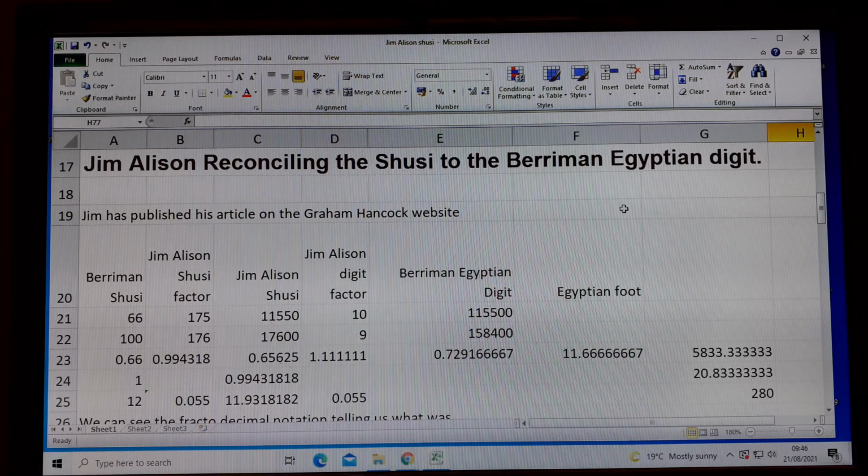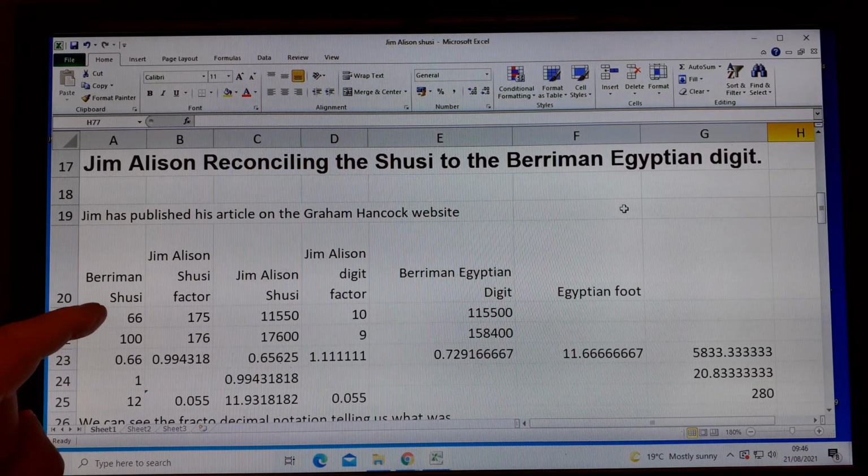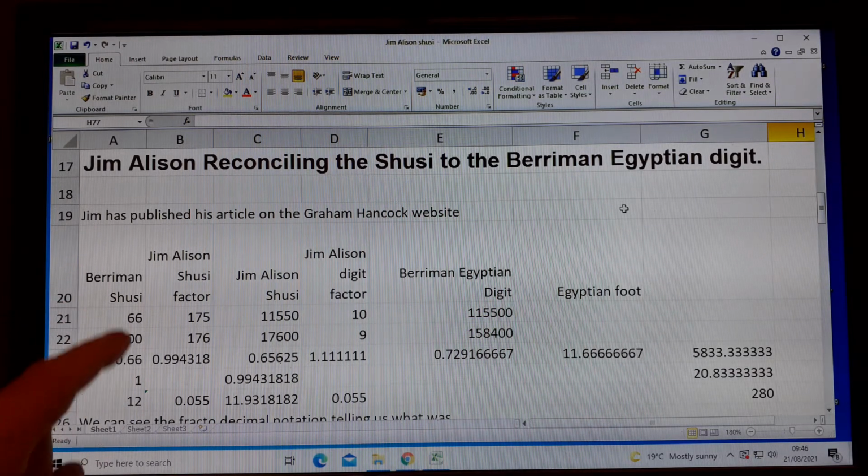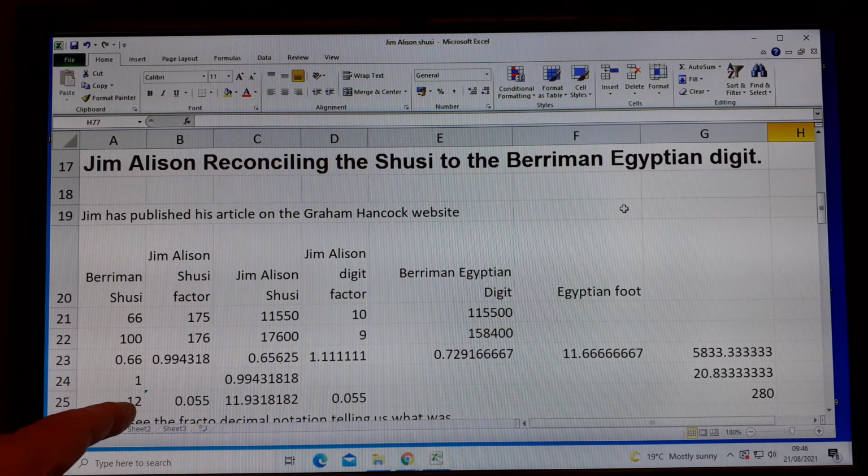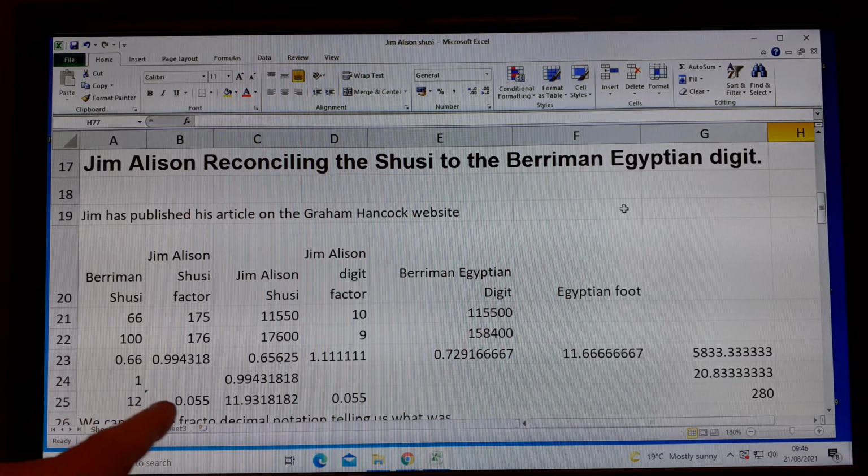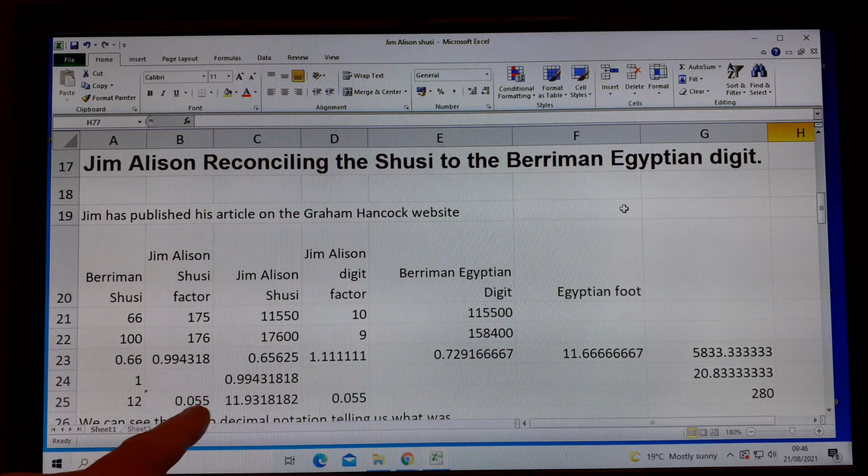As a foot, multiplying that by 12, it's 11.93181881 inches. We can see that the relationship between the Shusi and the foot of 12 inches, so 0.66 and 12, is 0.055.